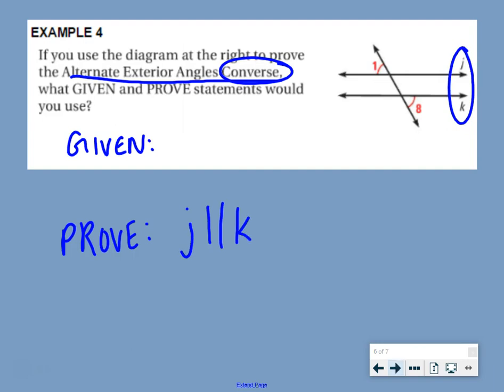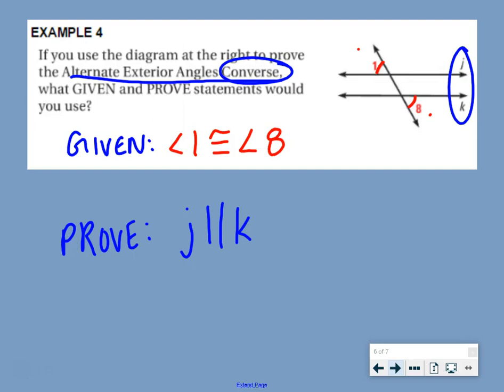What we are given, if we look in the diagram, is that angle 1 is congruent to angle 8. It'd be the alternate exterior angles. We are told that they're congruent. We'd want to prove that line J is parallel to line K. Bonus points to anybody who completes that proof.